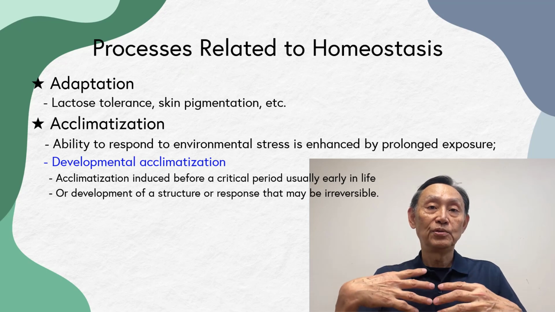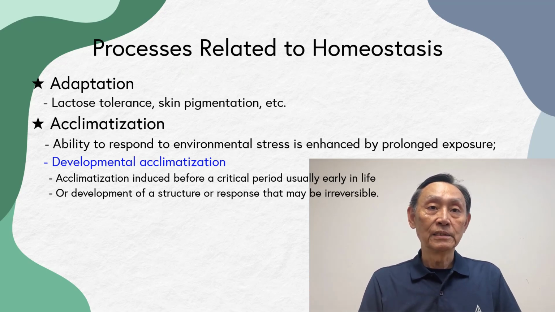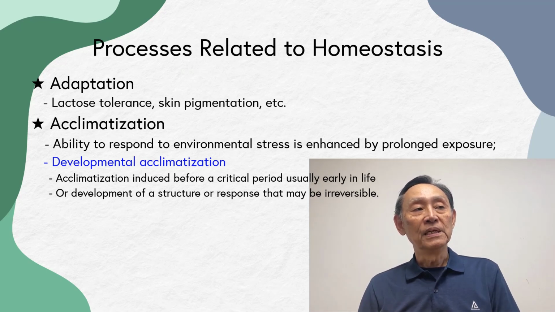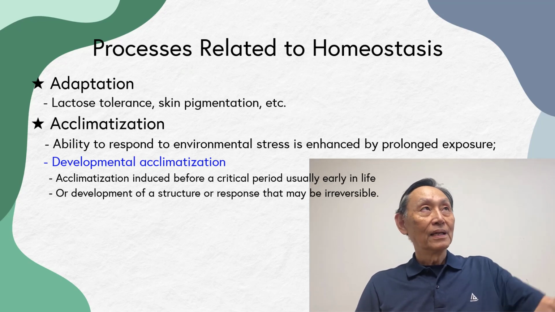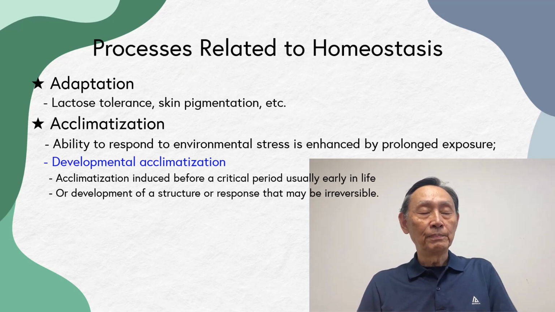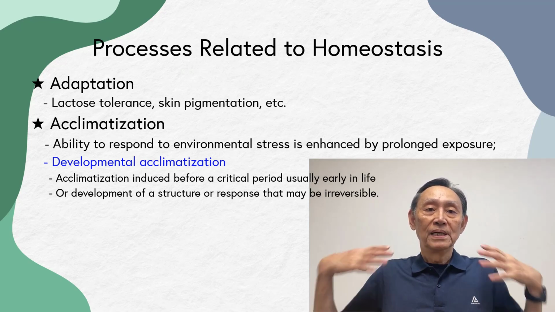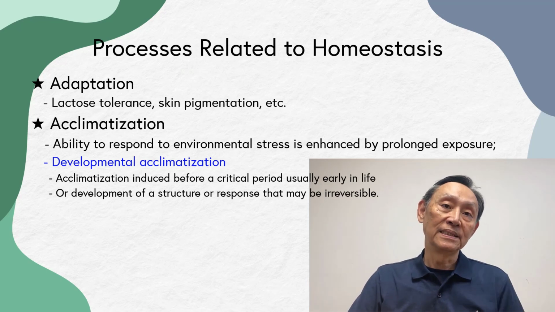This change after a certain period of time cannot be changed back. Even after adulthood, if they move from the high mountain to live in the plains, they will still retain that barrel shape, that means an enlarged chest wall. So that is developmental.